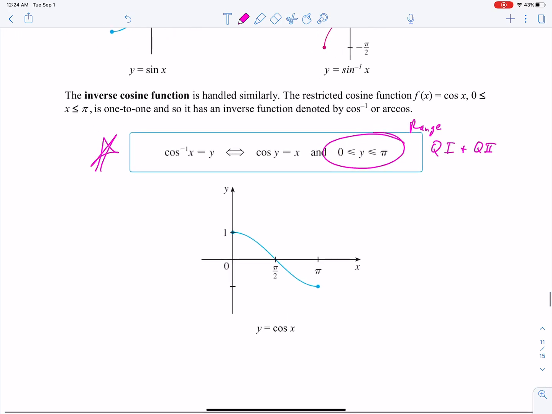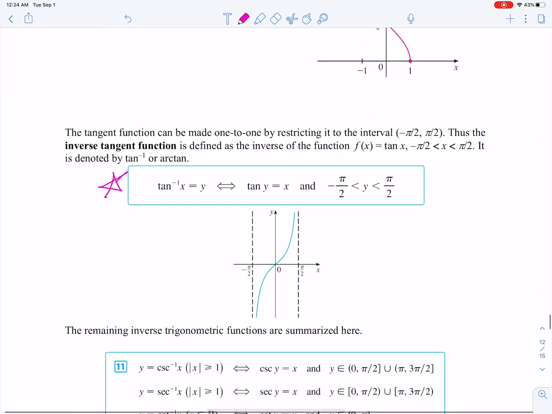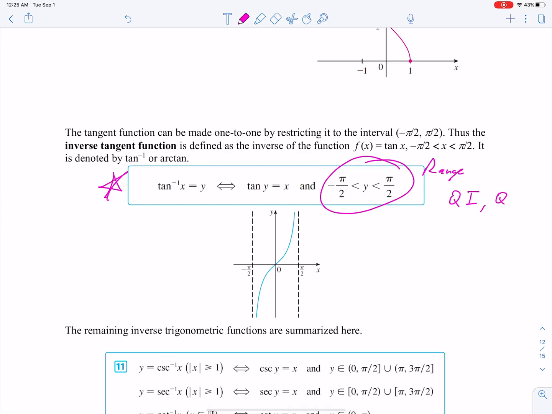And down here, inverse tangent: the range is from negative pi over 2 to pi over 2, which in other words is quadrant 1 and quadrant 4.